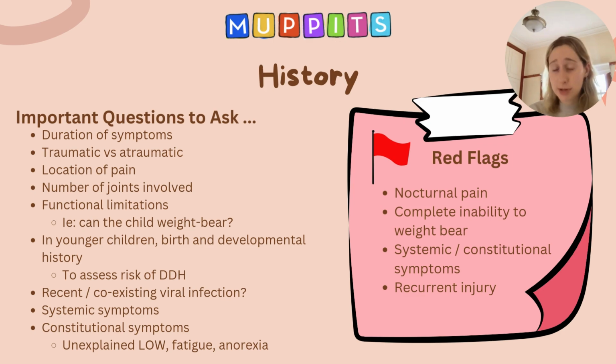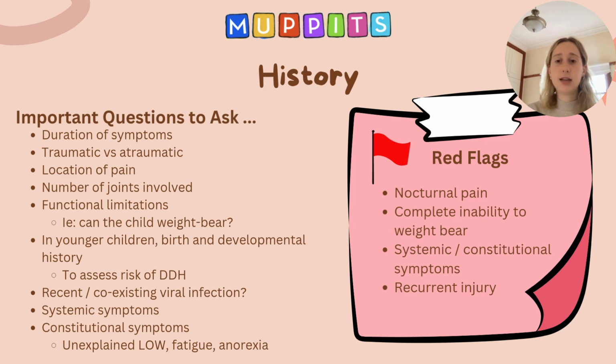Okay, now in terms of our history, some things that are really important to flesh out would be how long the symptoms have been going on for. Because, for example, there might be a bit more of an insidious onset with something like osteomyelitis. So it might be a couple of weeks of gradually increasing pain, as opposed to a fracture, of course, most likely being an acute onset, although stress fractures might also have a chronic time course as well.